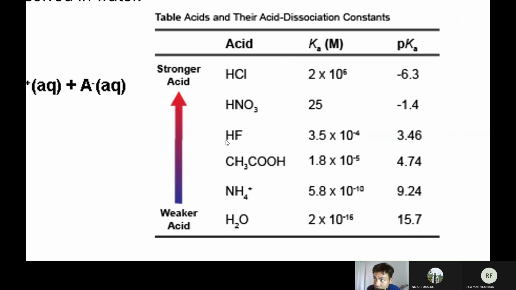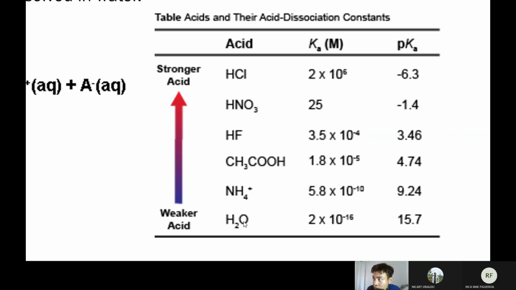So ito yung example natin. We have these acids here and these are their Kas. So compare lang natin. Kapag ang acid mo ay strong, that means your Ka is very high. So in this case, that's 2 times 10 raised to 5, which is 20,000 ata, no? So 20,000 yung Ka niya. Compare that with water.